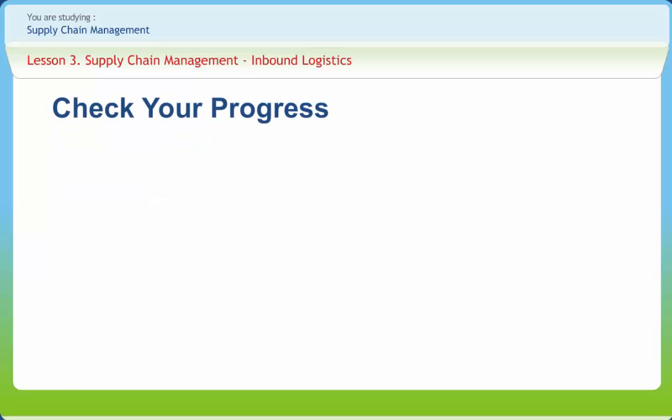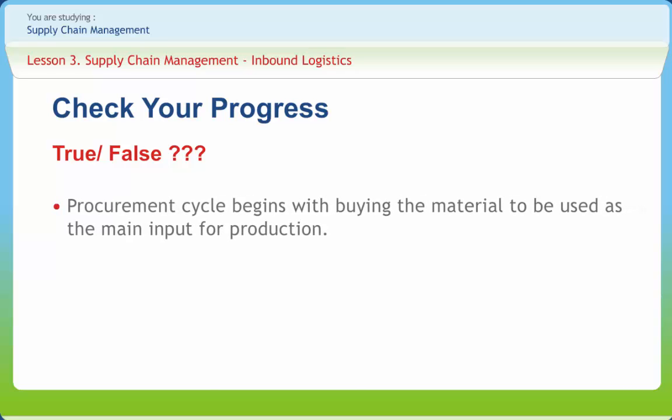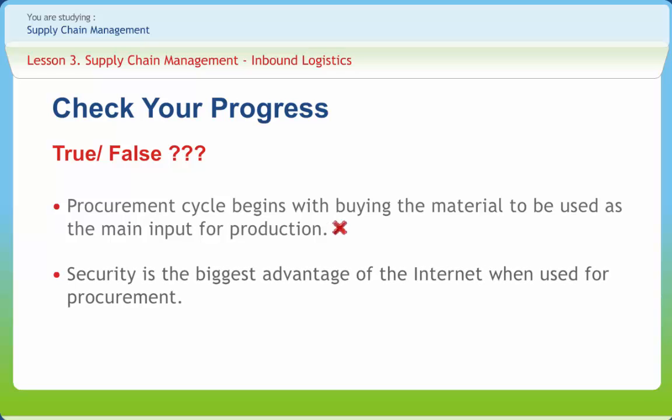Now let us check if we have understood the various concepts discussed in this lesson clearly. Procurement cycle begins with buying the material to be used as the main input for production. Right or wrong? Wrong. Security is the biggest advantage of the internet when used for procurement.